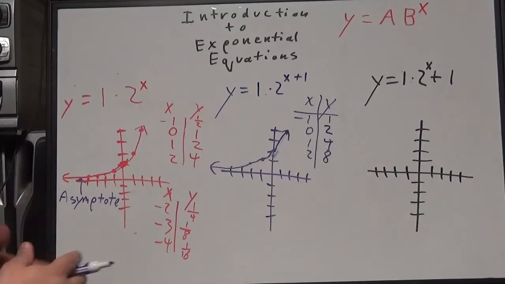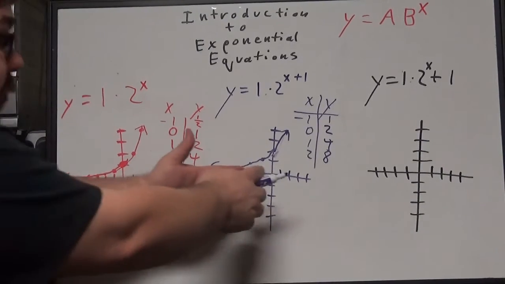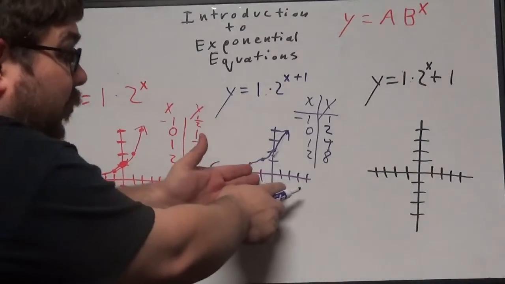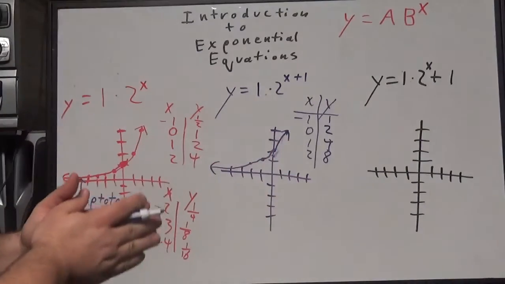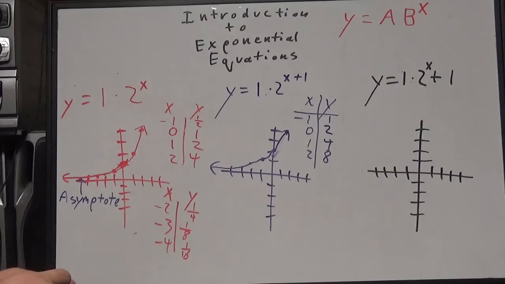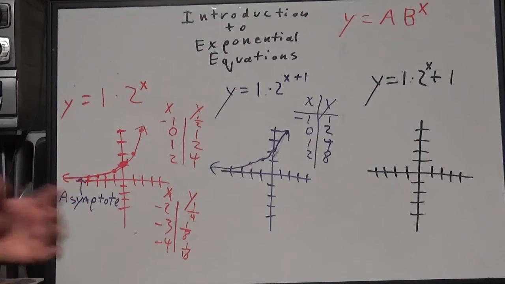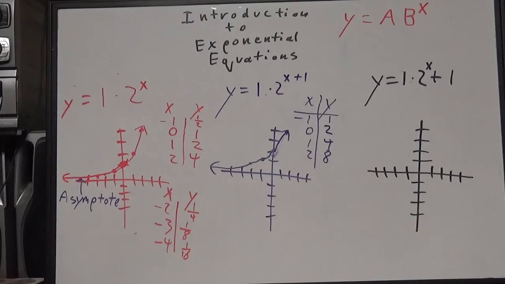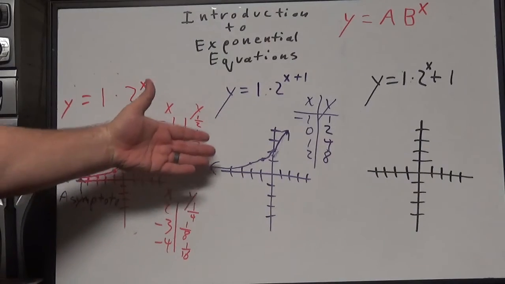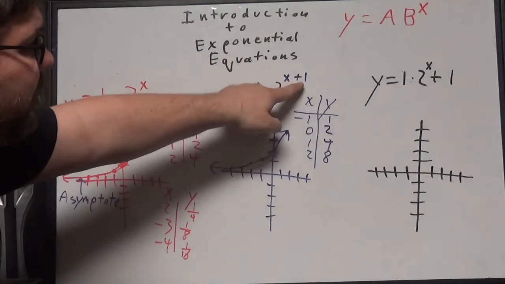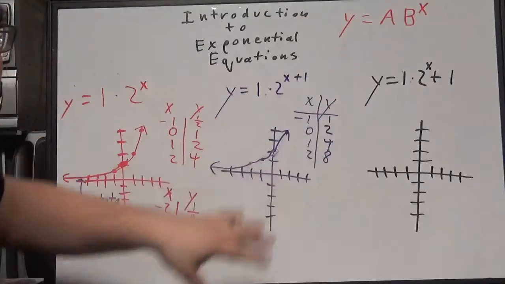We did the opposite, I should say. So +1, if it's in parentheses, went to -1, and -1 went to +1. Same thing with exponents. I'm not going to do this part. Hopefully that's self-explanatory, and you can see it as you do the problem. Anyway, a translation in the exponent shifts left and right.